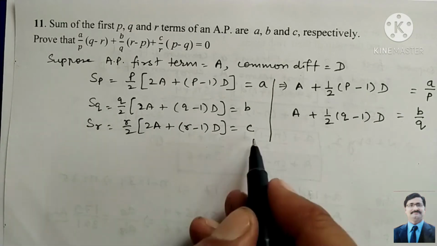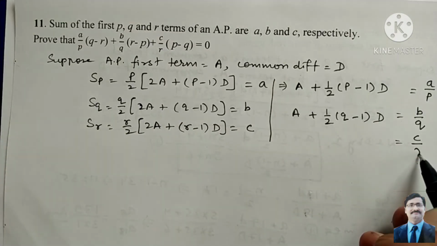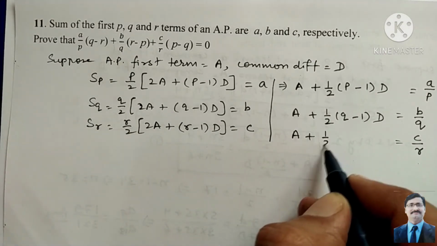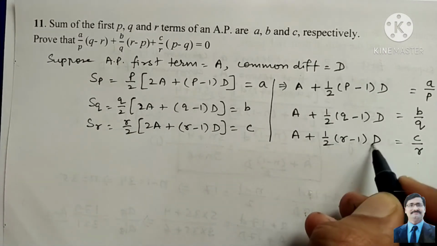Similarly, here we transfer this r, so we get c/r, and here we get capital A plus 1/2 (r minus 1)D.